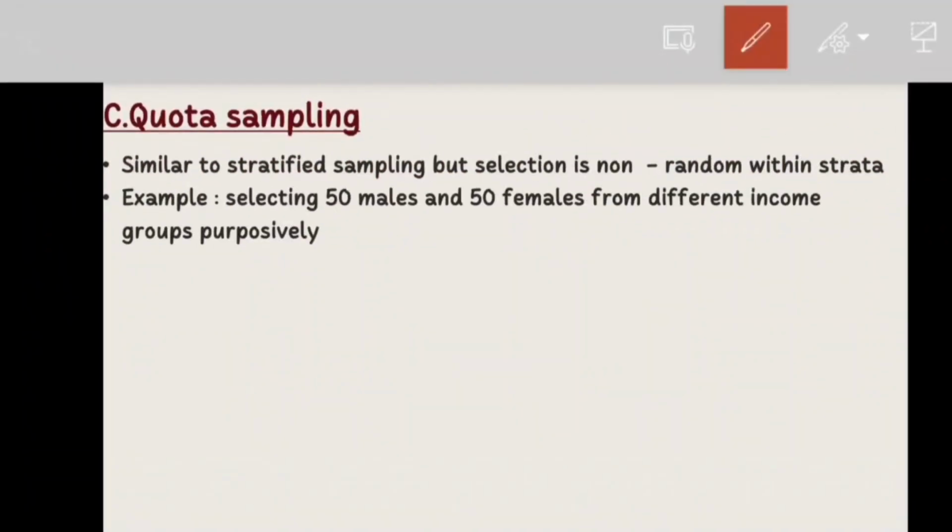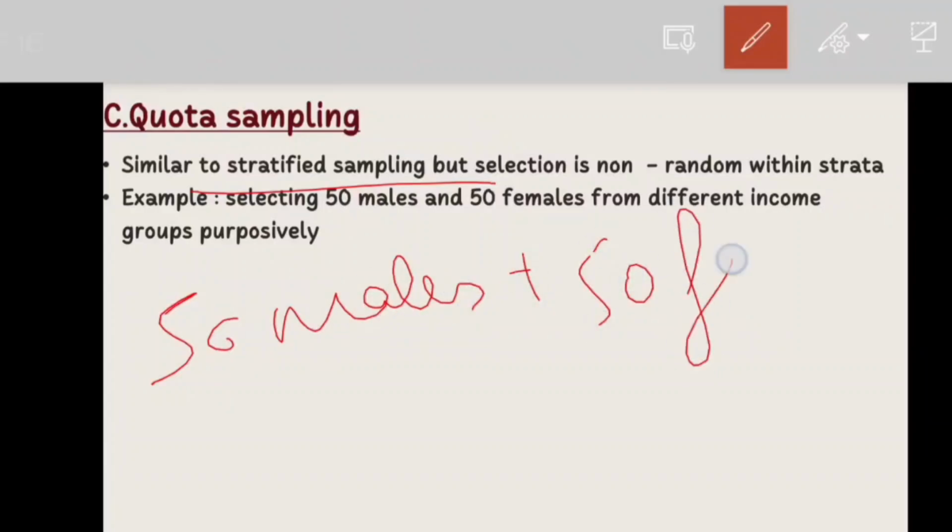Okay. Now the next one is quota sampling. Quota sampling is similar to stratified sampling. But there is one very important difference: in stratified sampling, selection within the stratum is random, but in quota sampling, selection within the stratum is non-random. For example, suppose we want 50 males plus 50 females from different income groups.